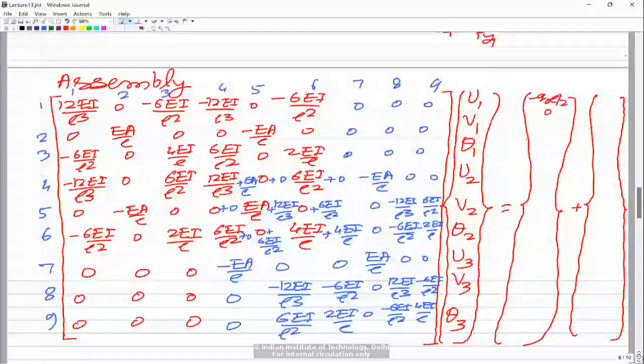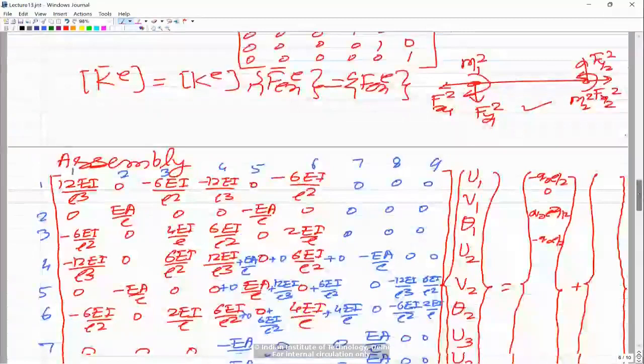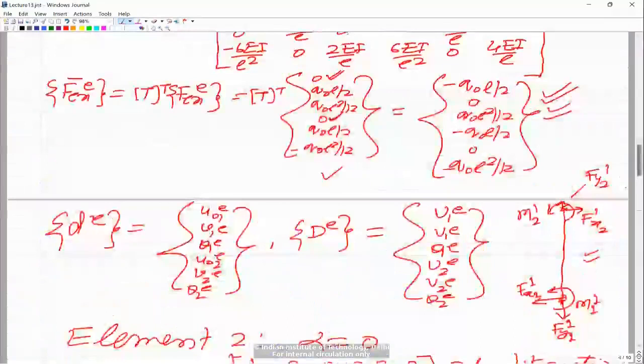Then we have q naught L square by 12, and then we have minus q naught L by 2. Let me just check that. So this is minus q naught L by 2. I am assembling basically this vector.